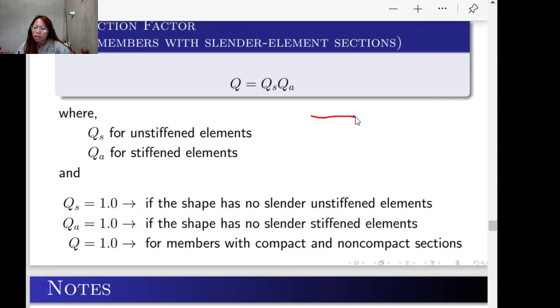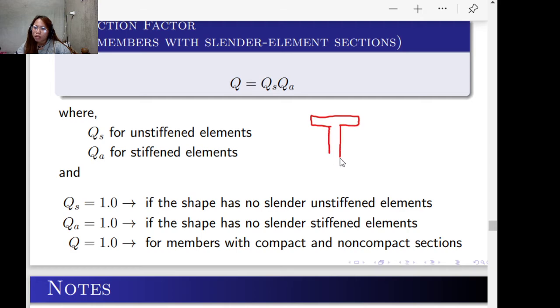Say we have here the wide flange, no? So the unstiffened elements are actually the flanges, these flanges.